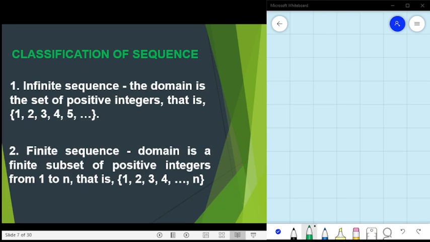Whereas when we say finite sequence, the domain is a finite subset of positive integers from 1 to n. That is, the set containing 1, 2, 3, 4, and so on up to n. So meaning, a finite sequence is limited.